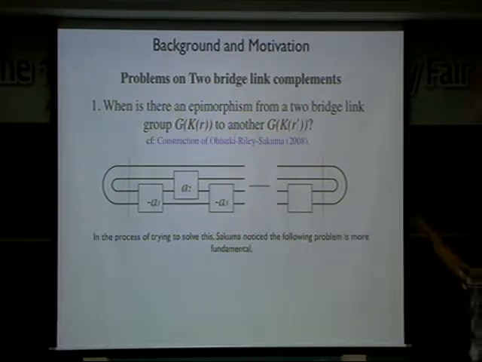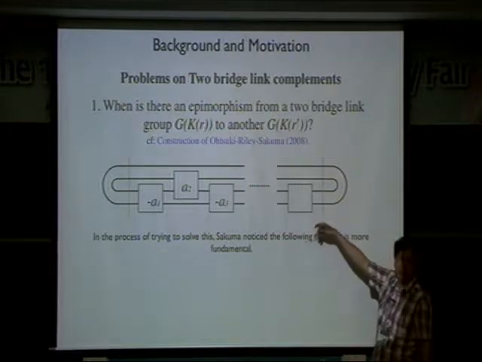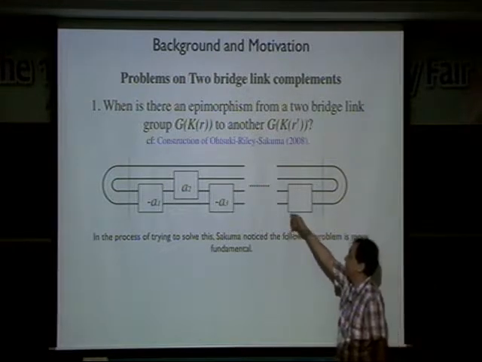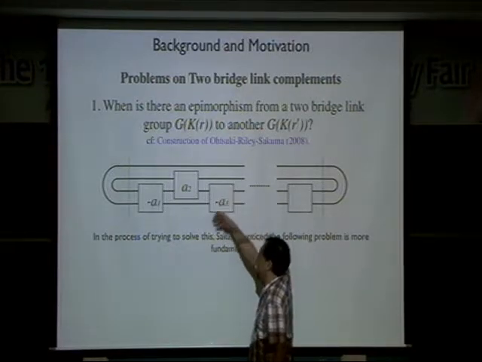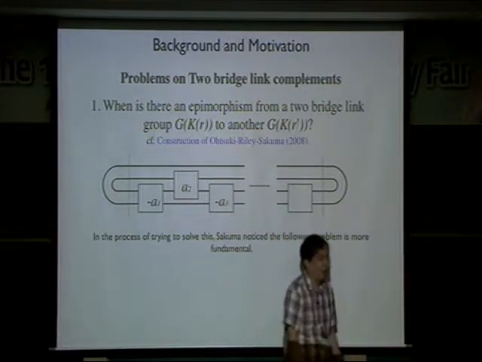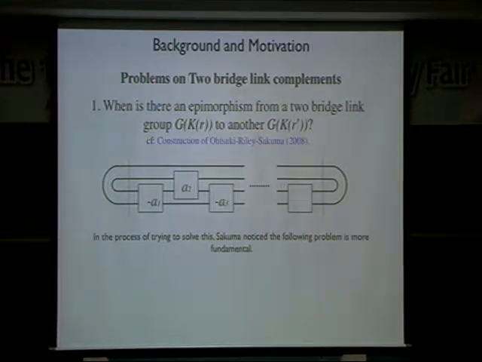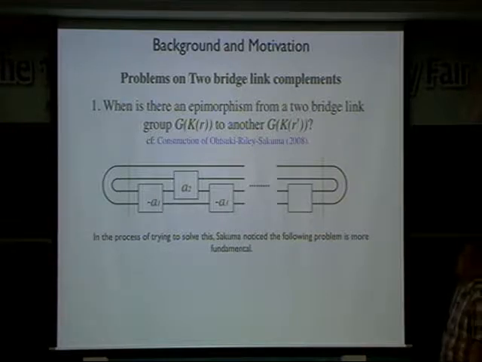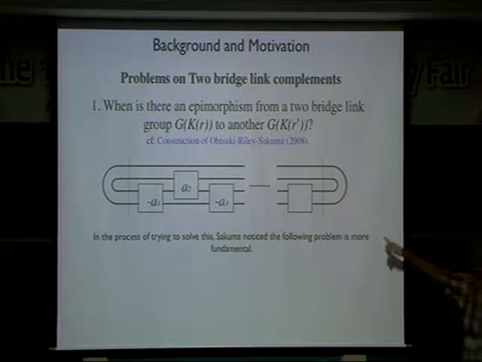That's what we denote by G(K_r) or G(K). Here r is a rational number, calculated using the number of twists. I don't want to get into detail, but you can parameterize the two-bridge links by using a rational number, and it corresponds to a continued fraction of these numbers.